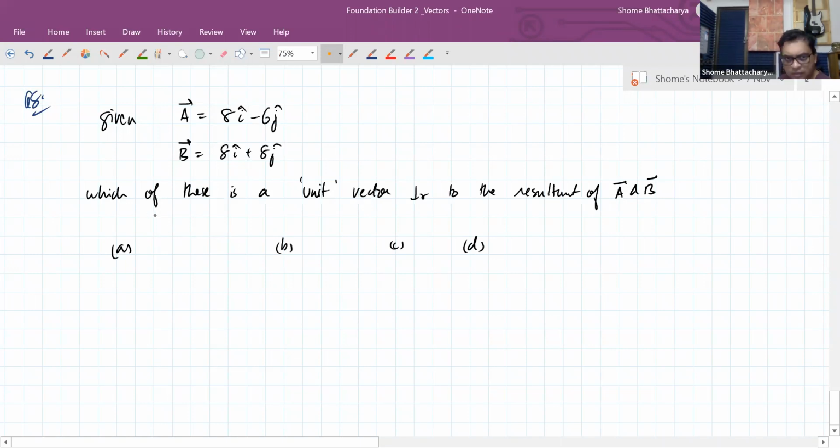The options are i cap minus 8 j cap by 65, then i cap plus 8 j cap by square root of 65, then i cap minus 8 j cap by square root of 65, and none of these.